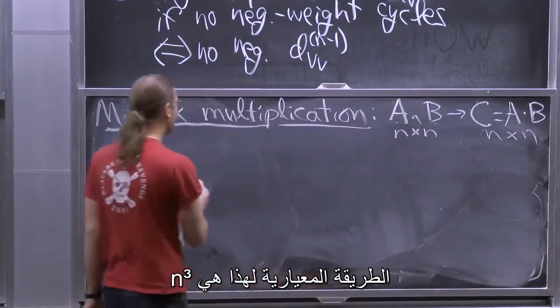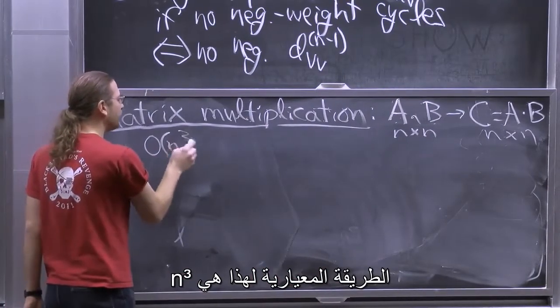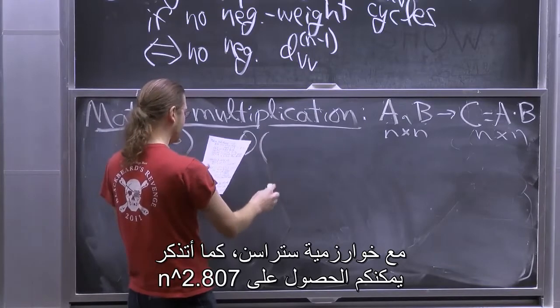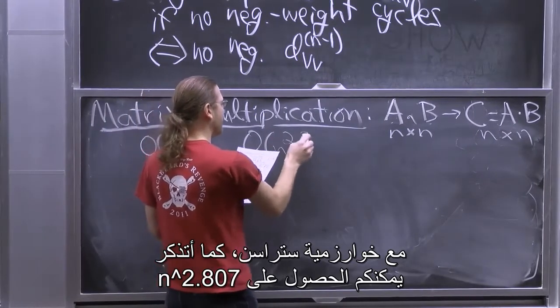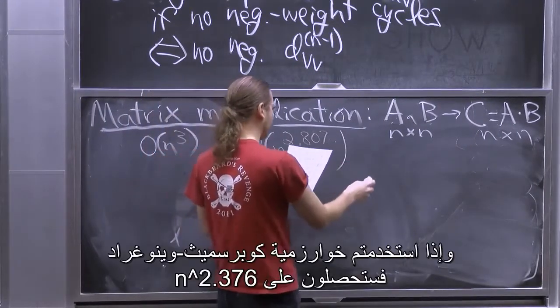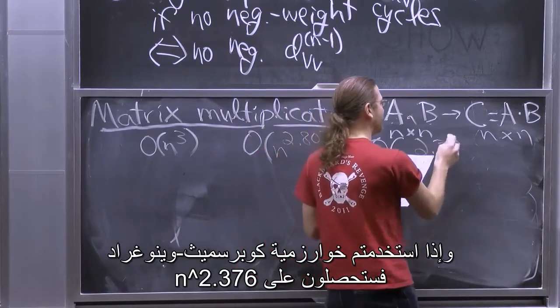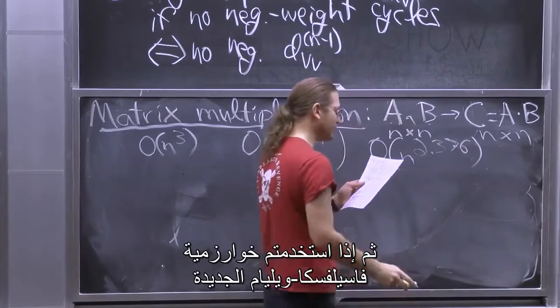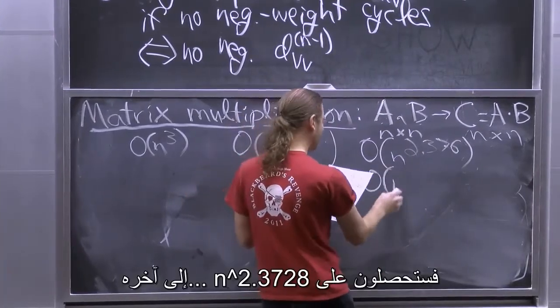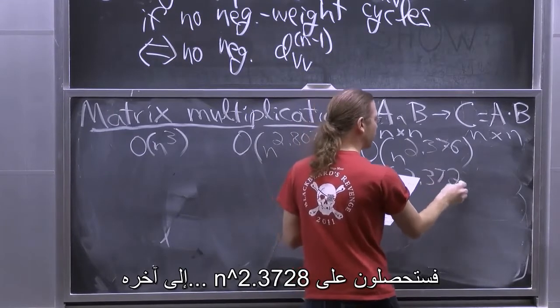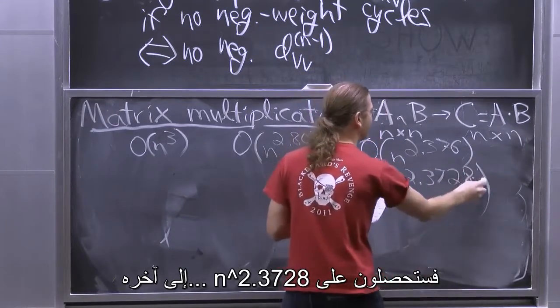So the standard approach for this is n cubed. With Strassen, you can get n to the 2.807. And if you use Coppersmith-Winograd, you get 2.376. And then if you use the new Vassilevska Williams algorithm, you get n to the 2.3728, and so on.